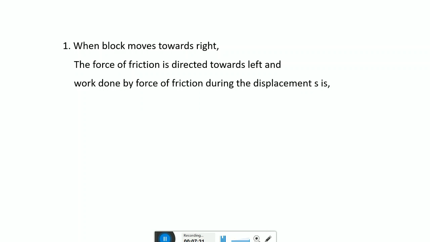Let us consider the first situation, when the block moves towards the right, that is from A to B. Then the force of friction is directed towards the left, and the work done by the force of friction during the displacement is, suppose, W1, which is equal to minus mu mgS.